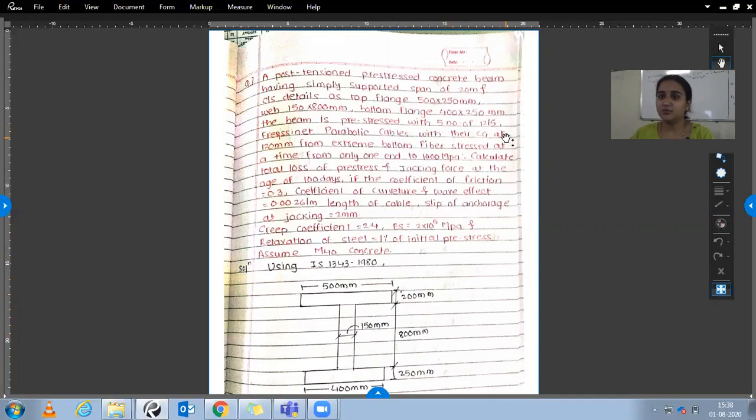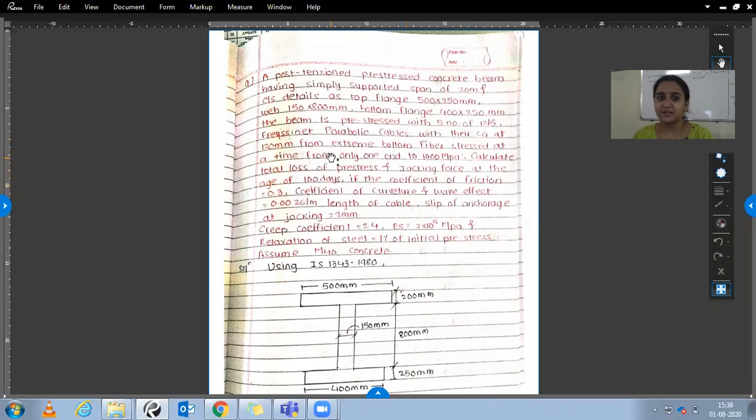This is the number and diameter of the Freyssinet parabolic cables, with their CG at 120 mm from the extreme fiber. These 5 cables are stretched at a time.